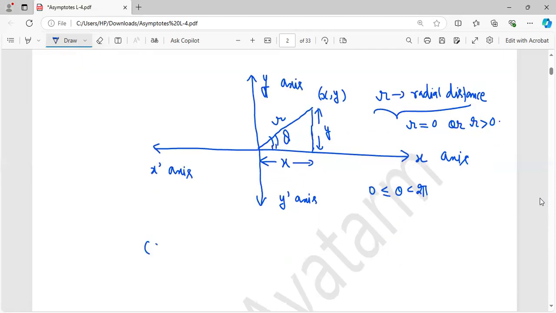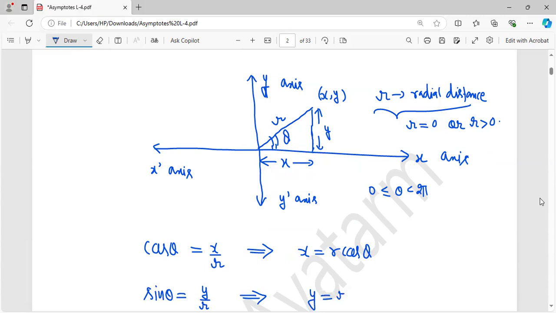Cos theta is x upon r. So this implies x is equal to r cos theta. Sin theta is equal to y upon r. This implies y is equal to r sin theta.